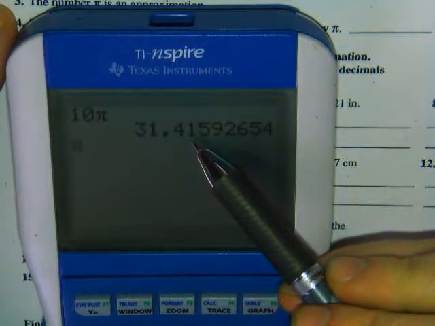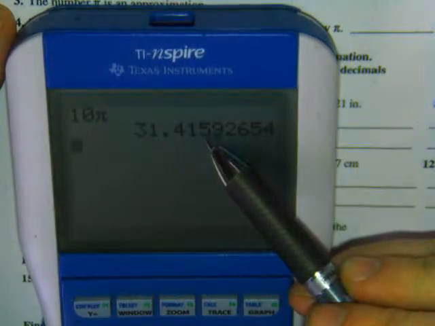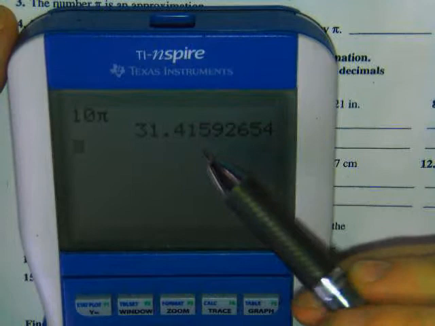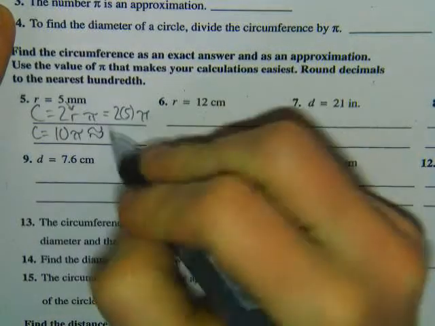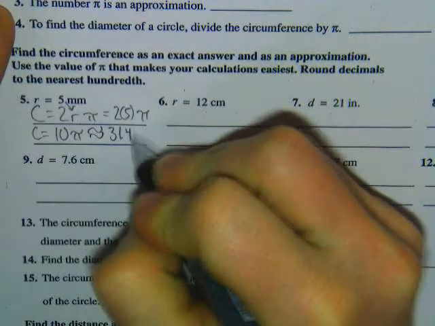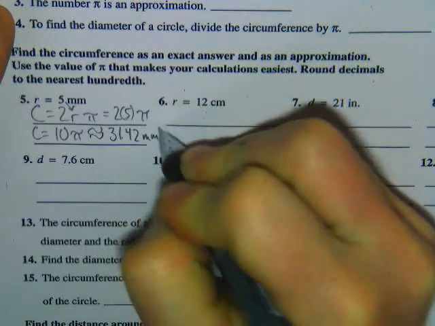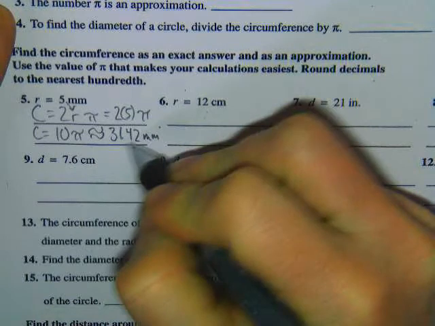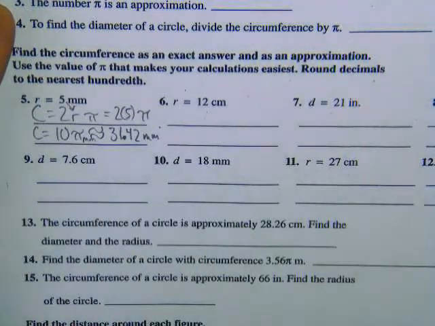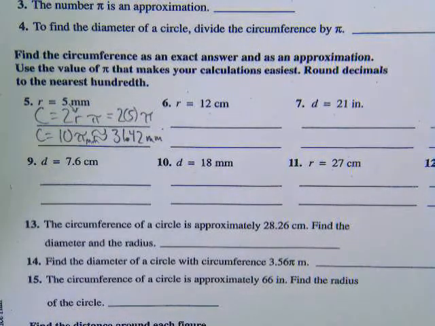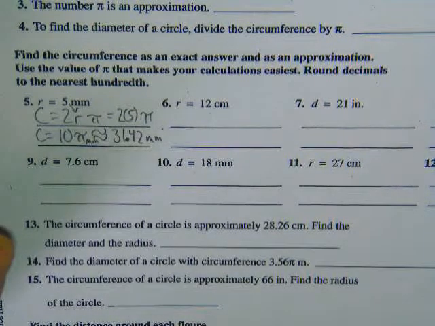So the 1, you look at the next number next to it. Hopefully that's for you. 31.42. Millimeters, not squared. It is linear. We should add millimeters here as well. So that is that. Let's look at another one.